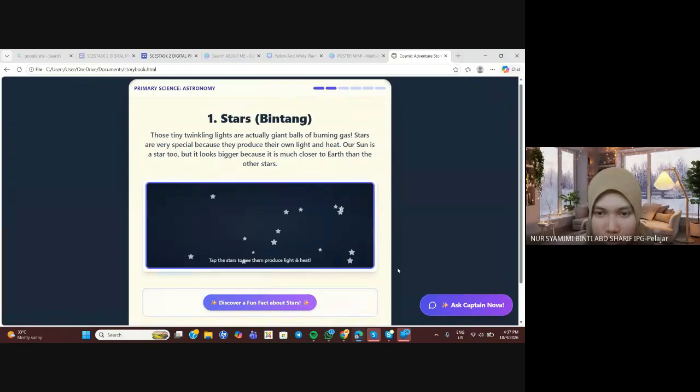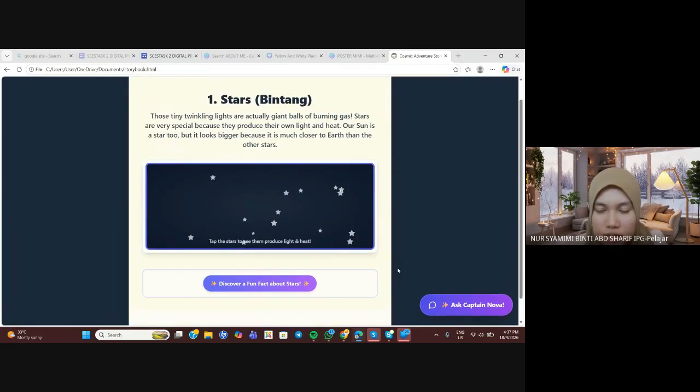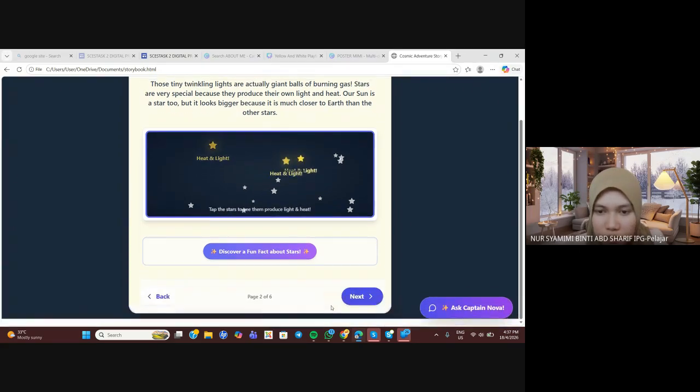I have to click the stars. It includes the quiz and the story in one website. For the stars, we have to click and they will light up and glow in the dark.